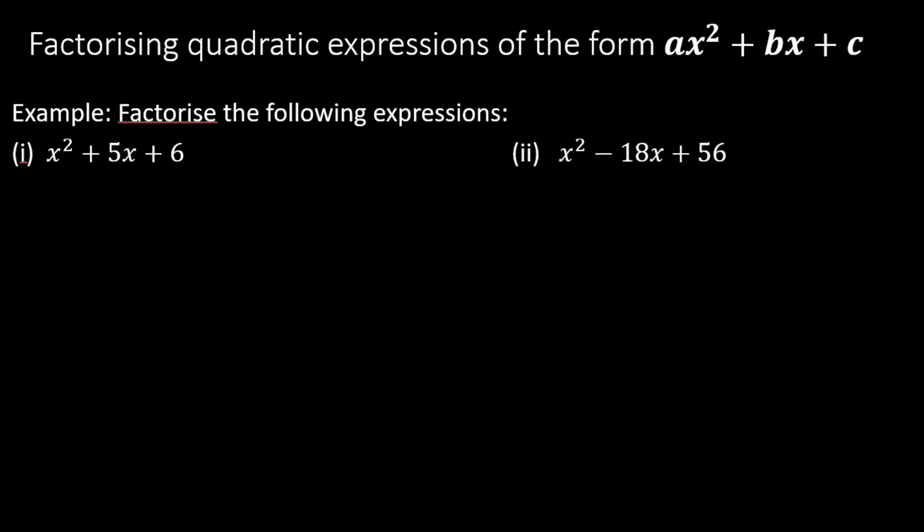Okay? So let us start with the first example. It says factorize the following expressions. The first part, we have x squared plus 5x plus 6, right? So the quadratic has how many terms? 3 terms.